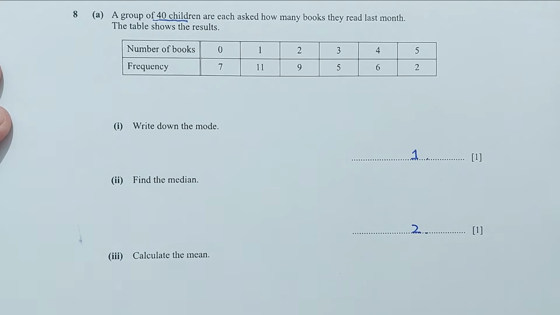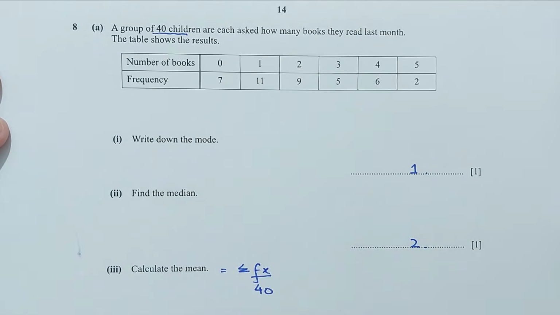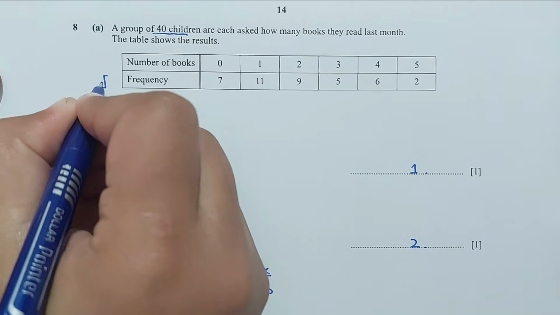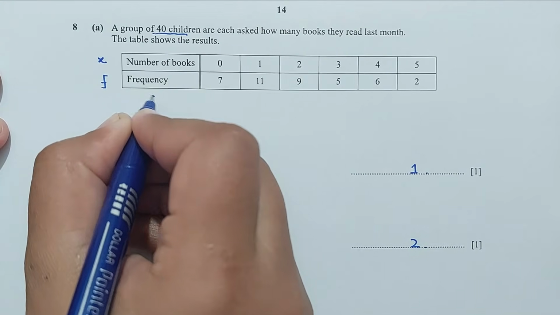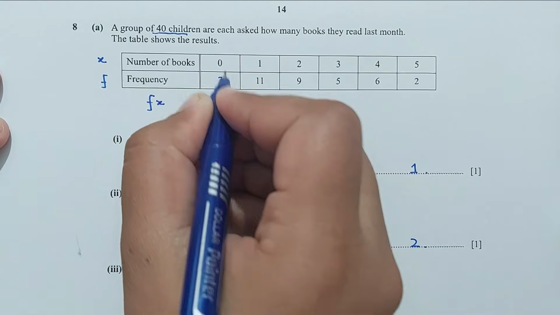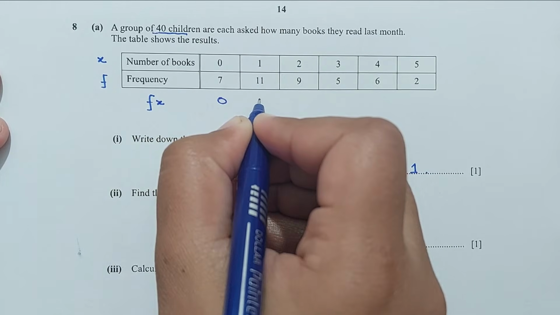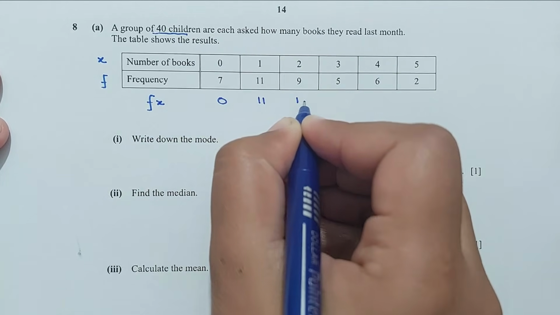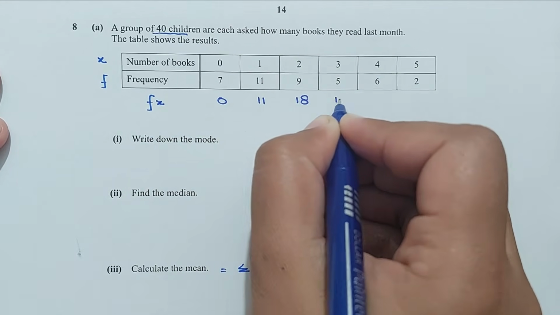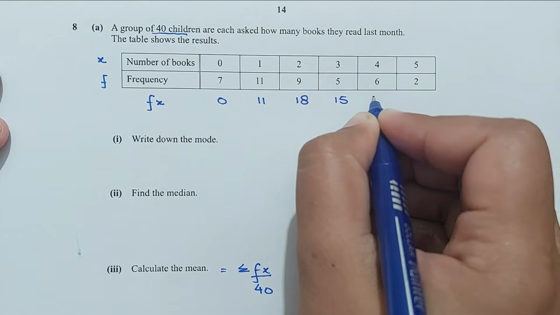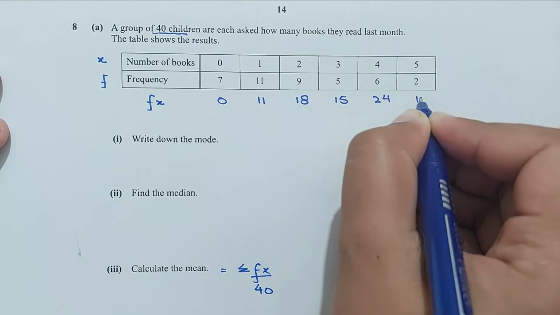Now for part 3, calculate the mean. Mean is sum of fx divided by the total. Fx divided by the total children, which are 40, right? So this is f and this is x. Let me find the product of fx. 7 times 0, 11 times 1, 2 times 9, 3 times 5, 4 times 6 and 5 times 2.